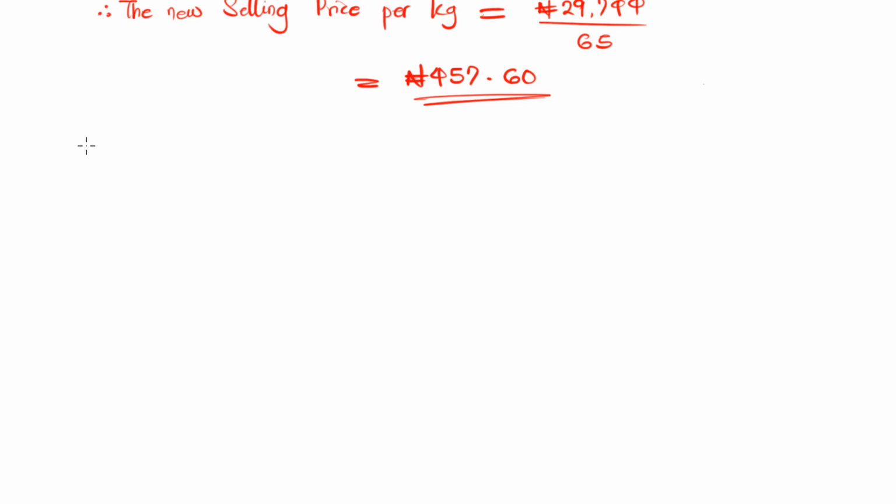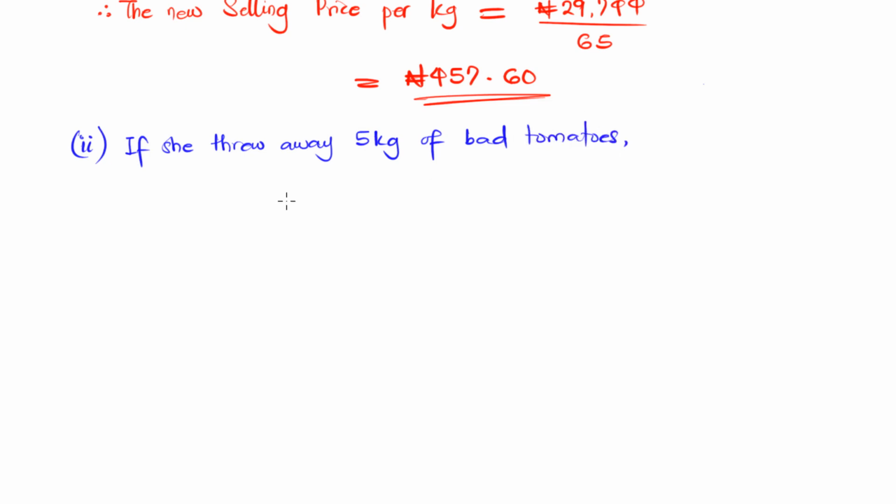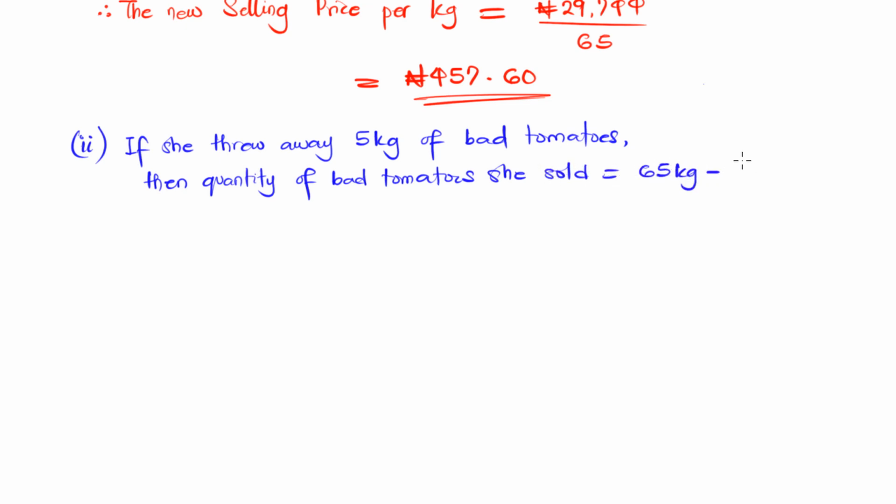Initially we got the selling price for the initial half of the 130 kilograms that she sold. Now we also have the selling price for the other half that was getting bad, but she threw away 5 kilograms of bad tomatoes out of the 130 kilograms. So the quantity of bad tomatoes that was left will now be 60 kilograms, because initially it was 130 kilograms, 65 were good, 65 were bad.